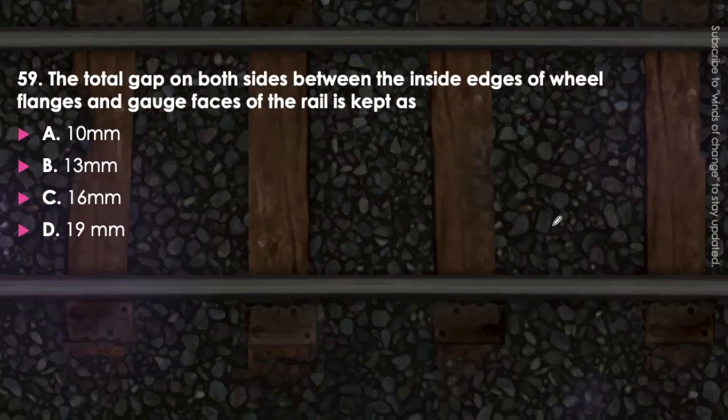Next question. The total gap on both sides between the inside edges of the wheel flanges and gauge face of the rail is kept as 10 mm, 13 mm, 16 mm, or 19 mm. Between the inside edges of wheel flanges and gauge faces of the rail, there is a small distance. How much is it?